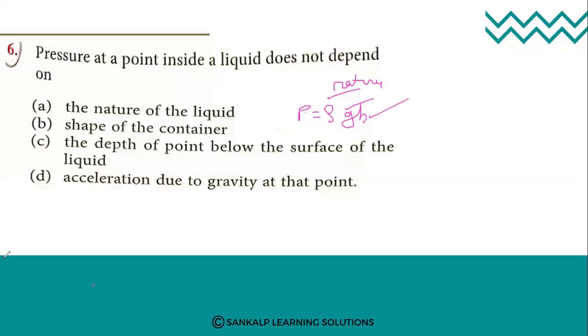It does not depend on the shape of the container. Pressure is equal to rho g h, where rho is the density of the liquid, so it depends on the nature of the liquid. Option B, that is it does not depend on the shape, is the answer.